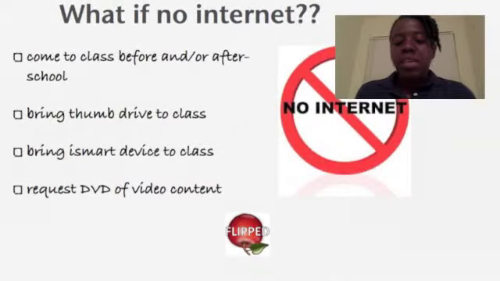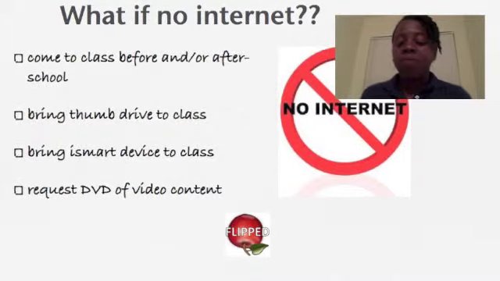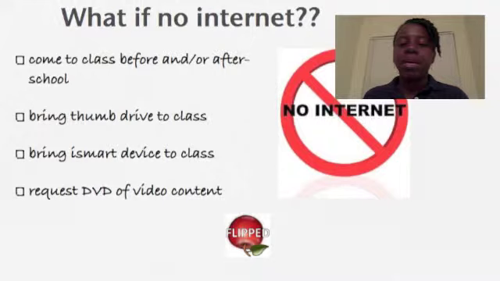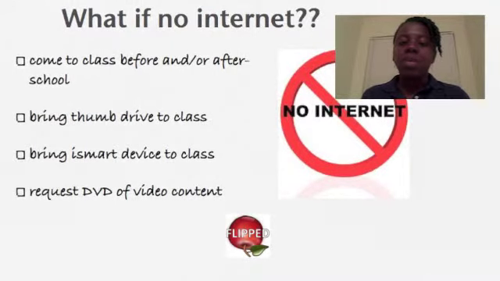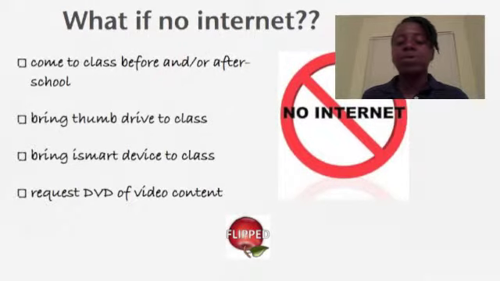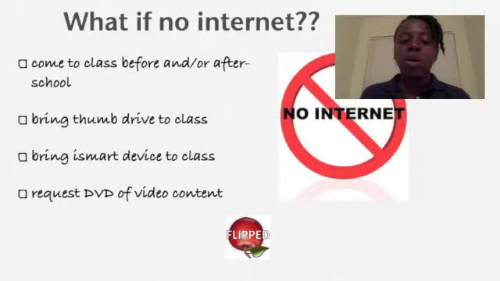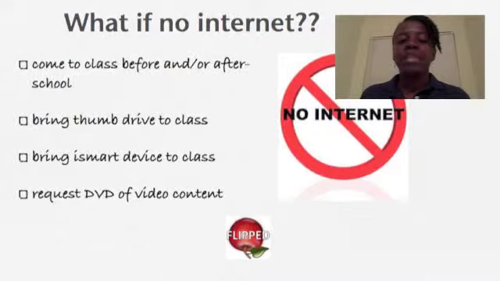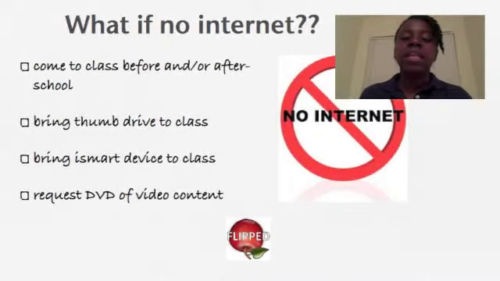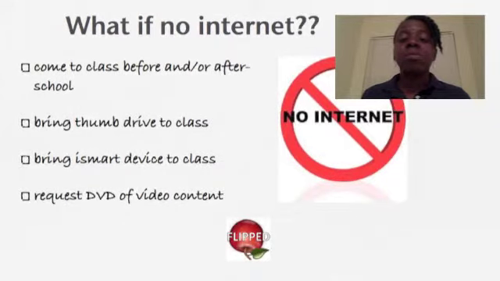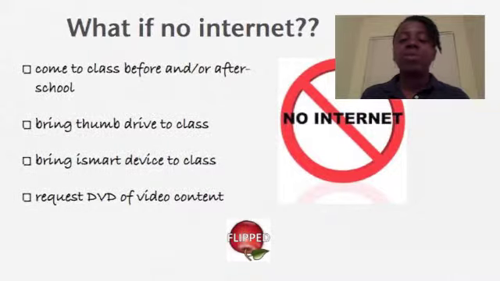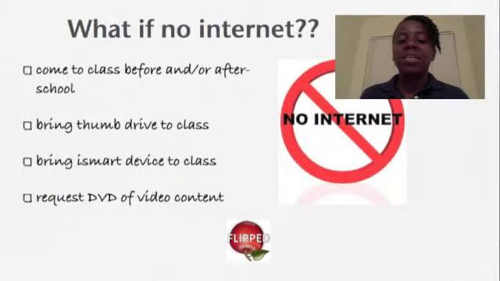One of the main things that we need to take care of right away, right up front, is to figure out and establish how you will participate in assignments when the internet is required. I can help you if you do not have internet access at home or you don't have a computer at home. I just need to know how I can help you. I have listed things on the slide that give us some room in case this may be a problem for you, by bringing in a thumb drive or having it put on a DVD, things like that.